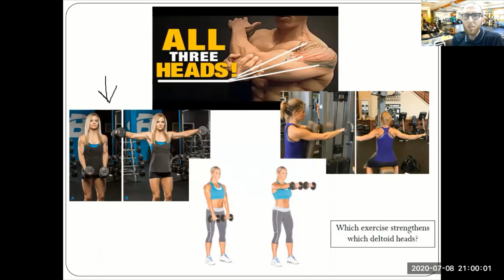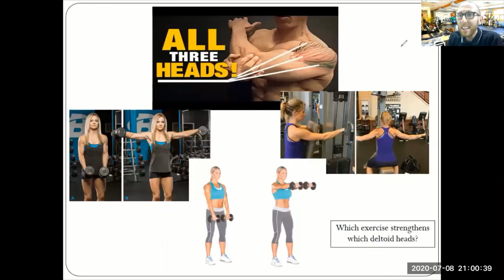Now that's most in line with the middle fibers, because if you take your arm straight out, it's going to go straight down. That's the middle fibers that we can see right here. Middle fibers action would be shoulder abduction. Shoulder abduction.